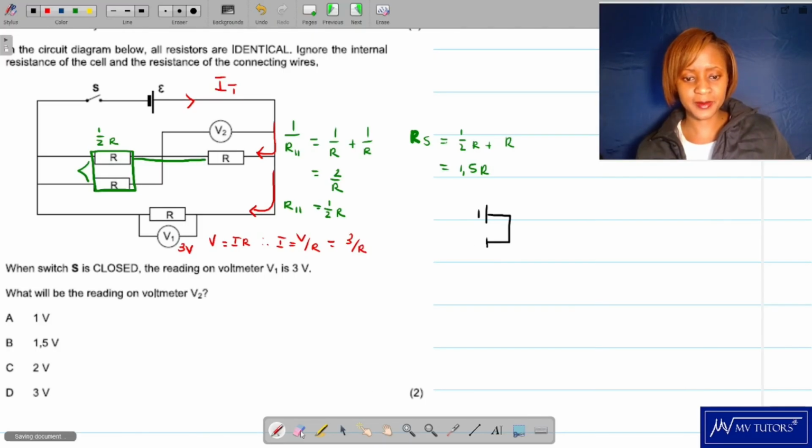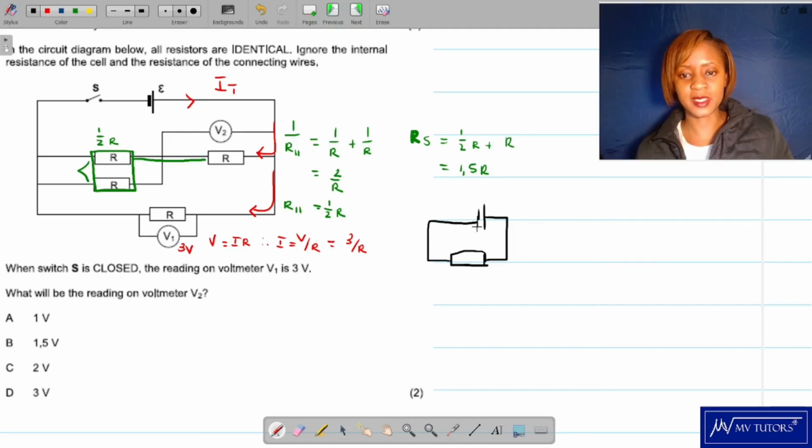I have this voltmeter here, and no, actually I shouldn't put it that way. Let me attempt this again. I have my one resistor now. I've combined all those resistors into one, because it's easier to work with one.